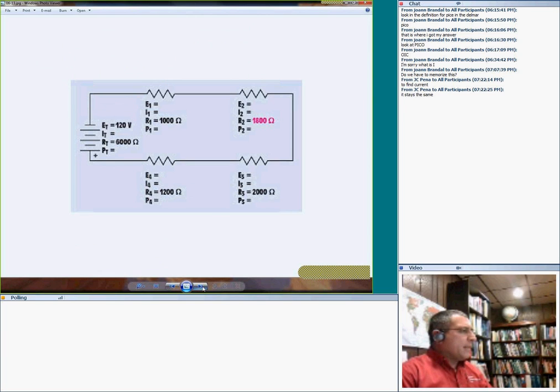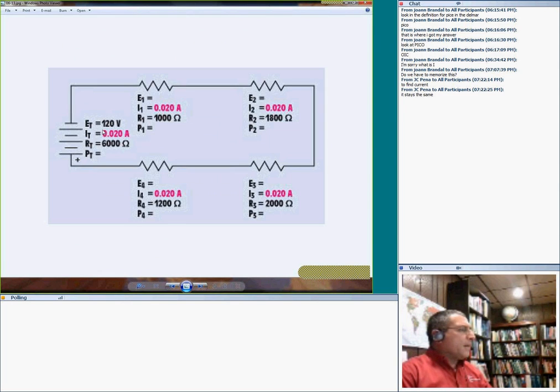So here's what we did then. The next step, guys, is to find the current. I took the 1 divided by the 6,000, I came up with 0.02. And the total current is the same. So finding this, guys, you know that it's the same current in each and every one of them. Now we're talking.